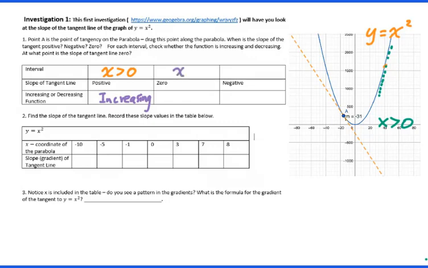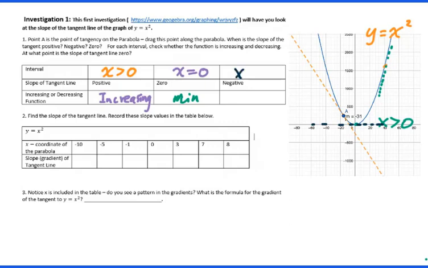When x equals 0, that means for this minimum value, the slope of the tangent line equals 0 because the tangent line is a horizontal line.